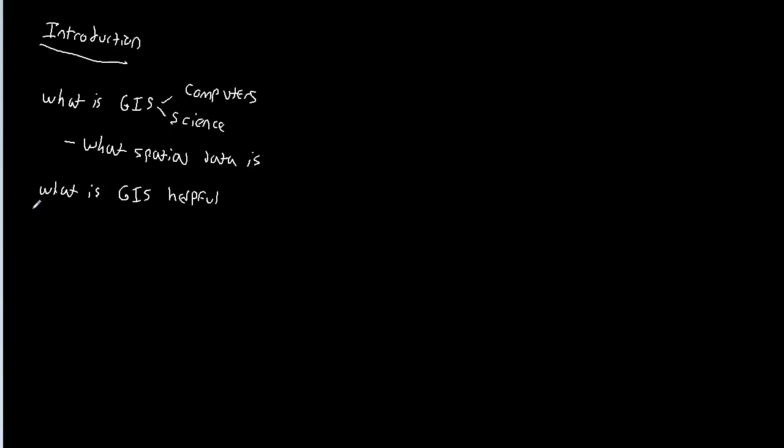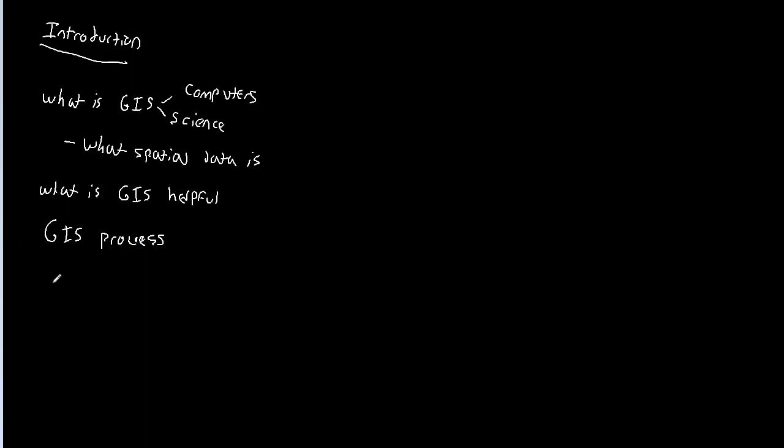Then I want to talk about an example of GIS in an application, or the GIS process. So when I say GIS process, what I mean is, what does the workflow look like to go from, hey, we have a problem, through to we've potentially solved or at least worked towards addressing that problem using a GIS workflow.